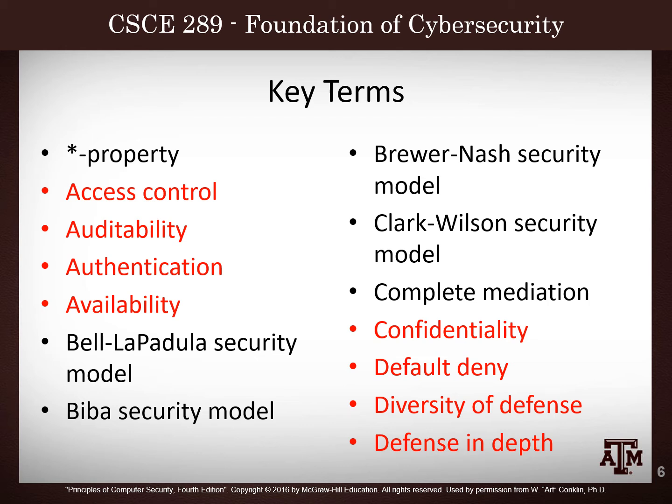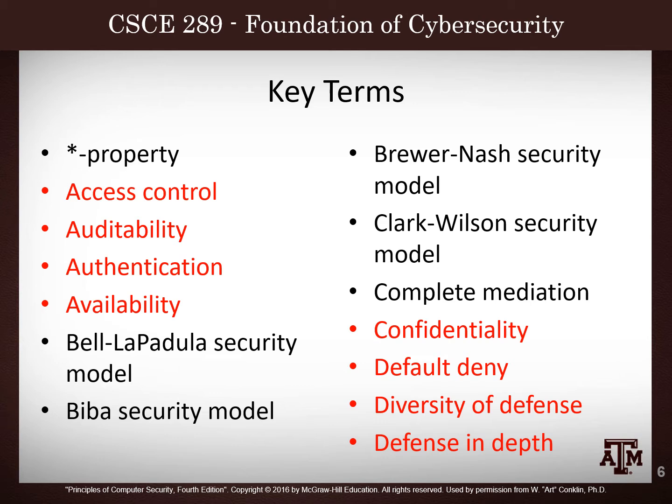Again, don't worry about it. Just know that it's a model and it has to do with confidentiality. I'm not interested in the rest. The Biba security model is built around integrity and characterized by no write up and no read down rules.